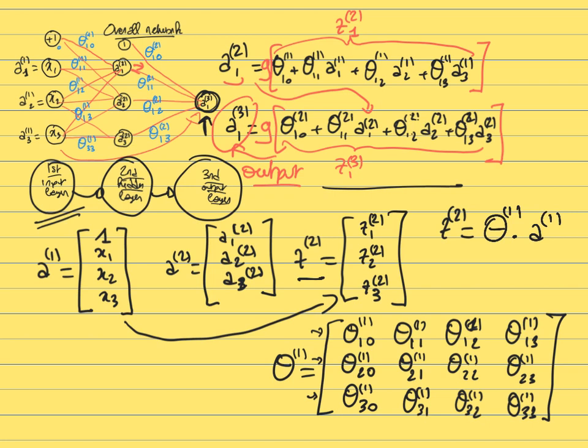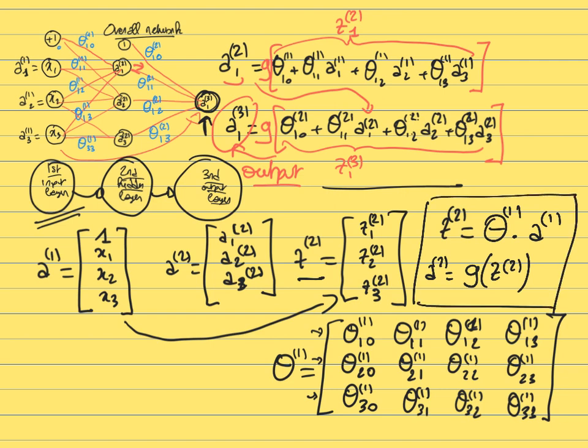And then the last thing that you need to do is to take the variable z2 and feed it to the activation function g, and this is going to give you the value of the second layer, the output from the second layer.